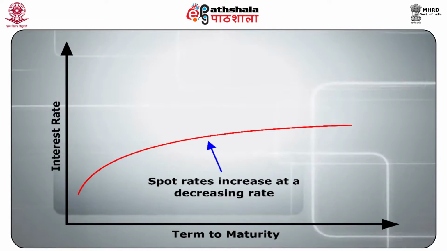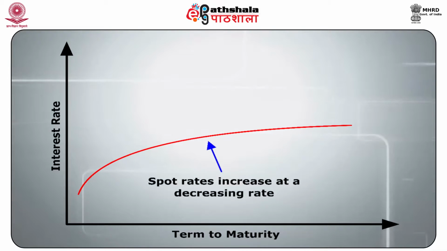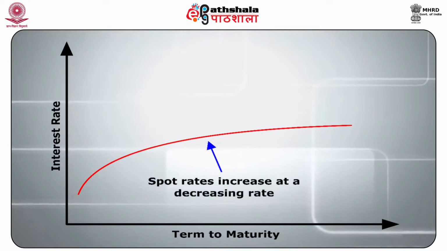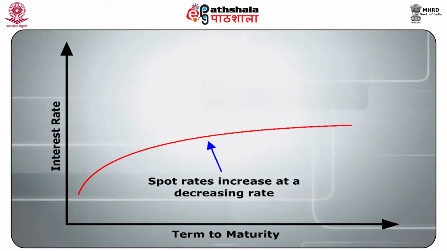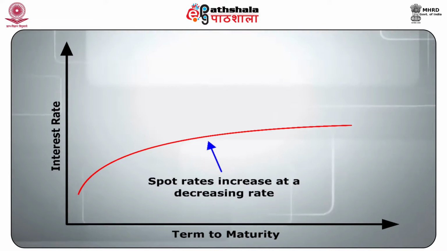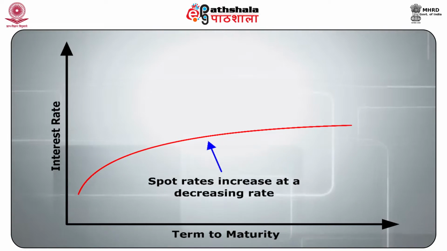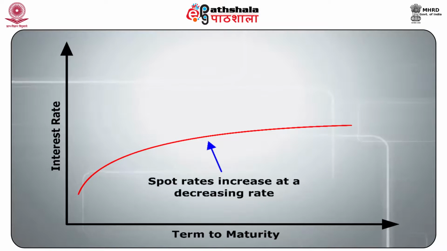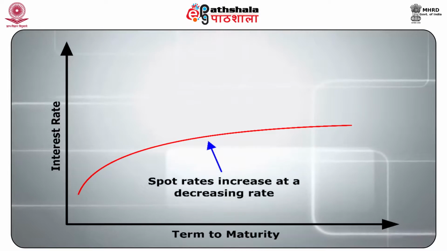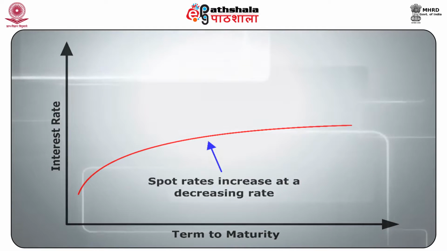In most cases, bonds with longer maturities have higher yields. However, sometimes the yield curve becomes inverted, with short-term notes and bonds having higher yields than long-term bonds. Sometimes the yield curve may even be flat, where the yield is the same regardless of the maturity.